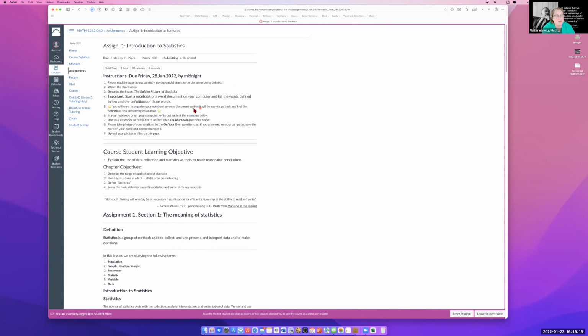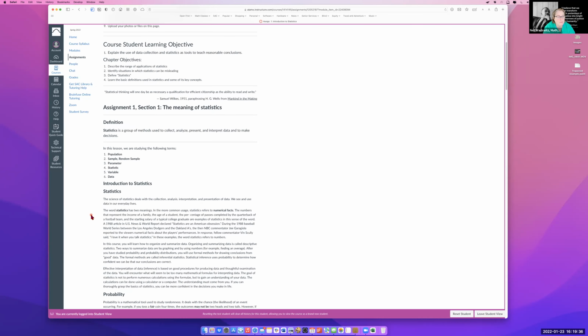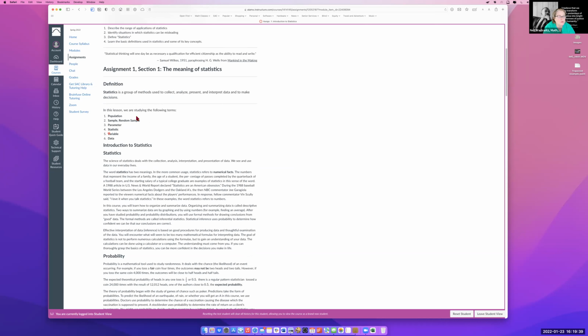So that's the importance of your notebook. Then you're going to use your notebook or computer to answer all of the on your own questions with as much information as possible so I know whether or not you're understanding. And you're going to upload your photos or files on this page. The terms that we're trying to understand are population, sample, parameter, statistic, variable, and data.